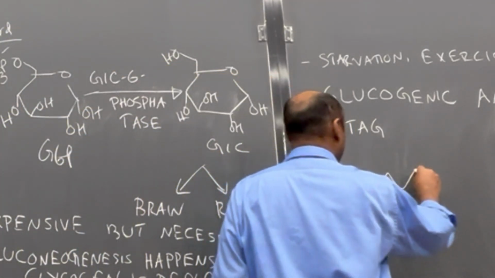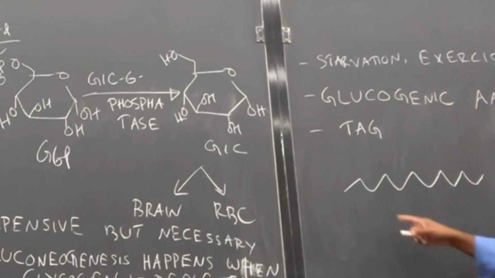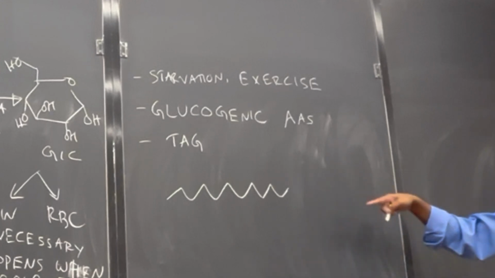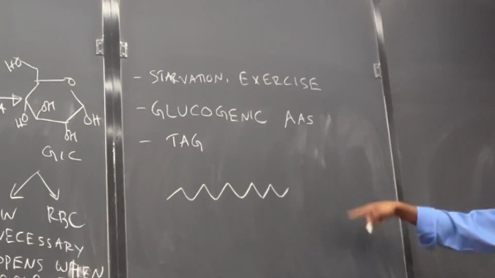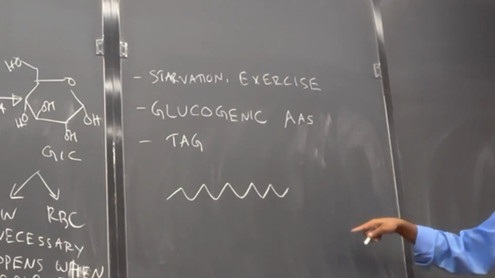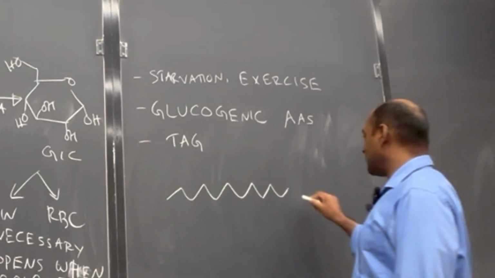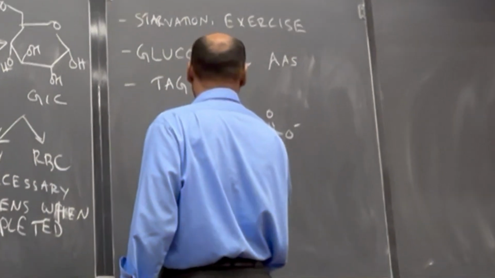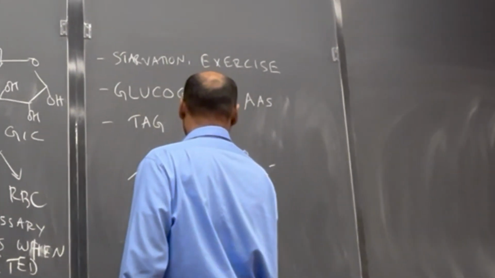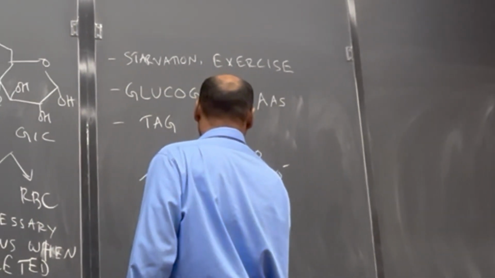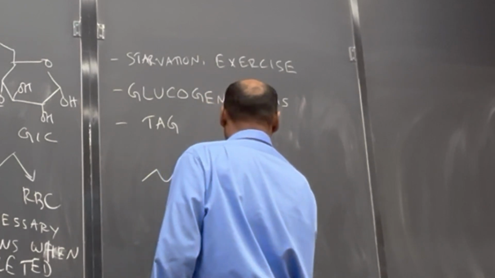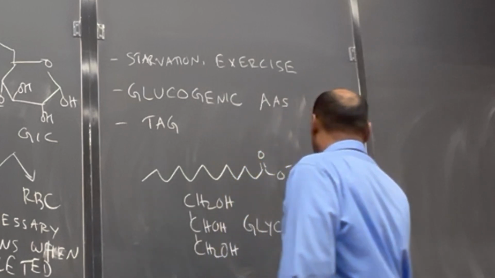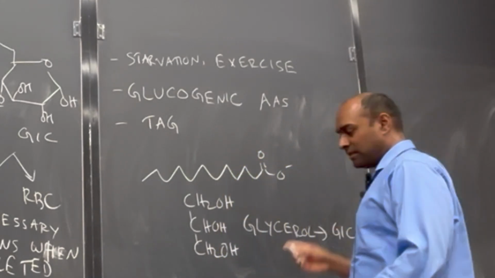So remember the fatty acid part, the tail. This was the tail, right? Fatty acid. And last semester we made an ester bond with glycerol to make TAG. And so this will be hydrolyzed to make free fatty acids and glycerol. So this glycerol can make glucose by gluconeogenesis.